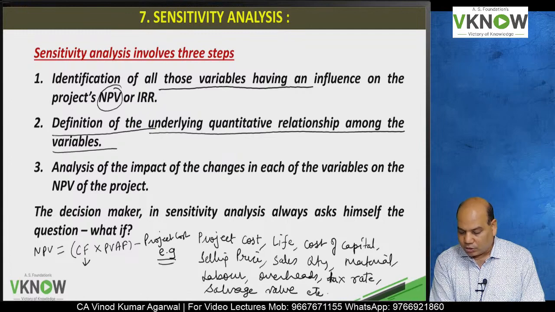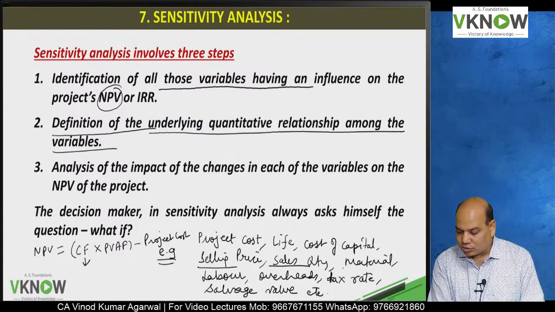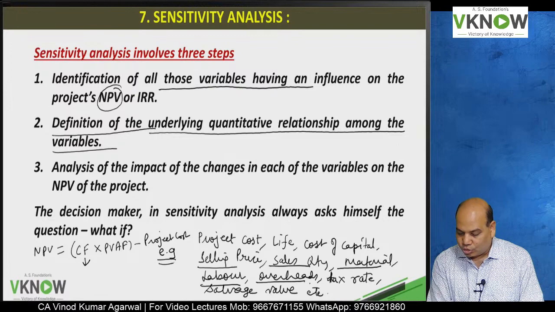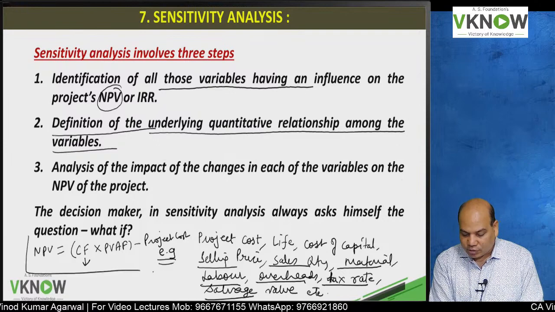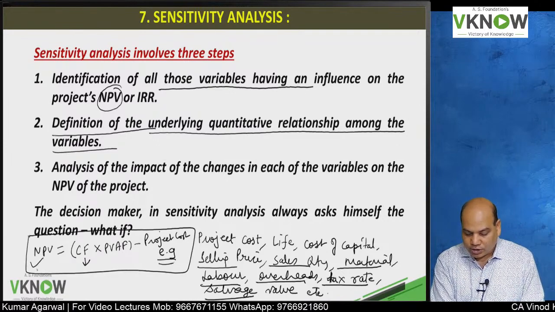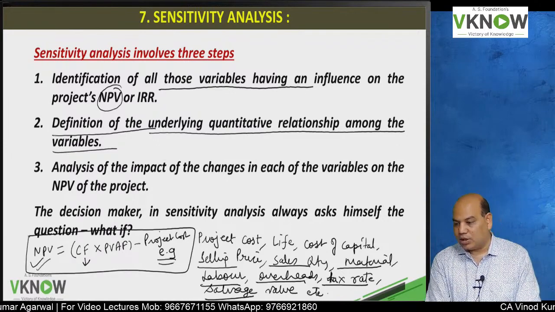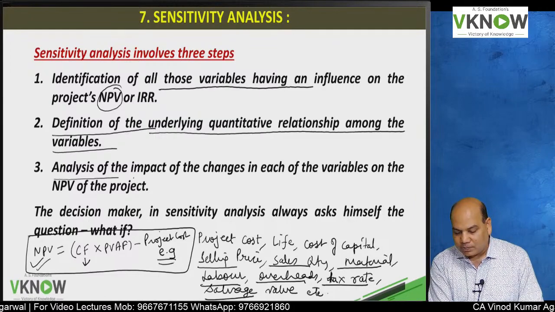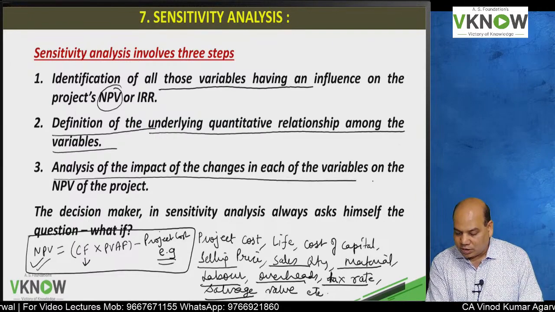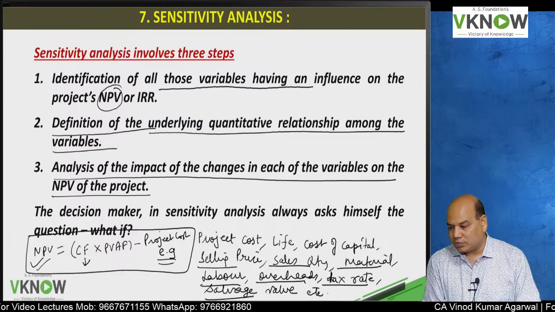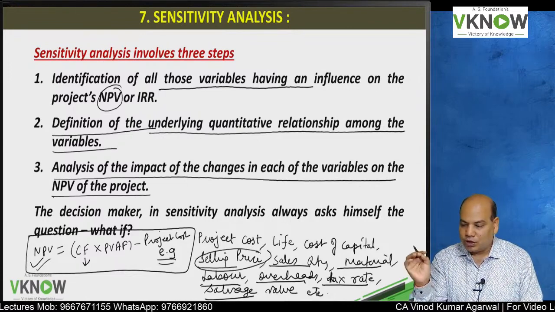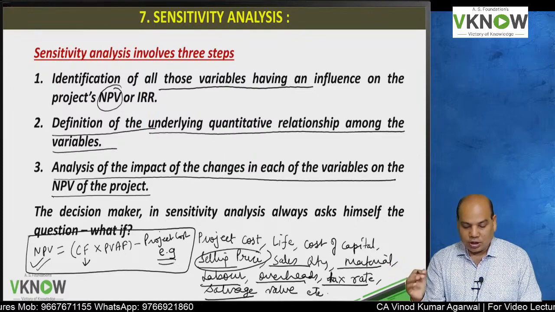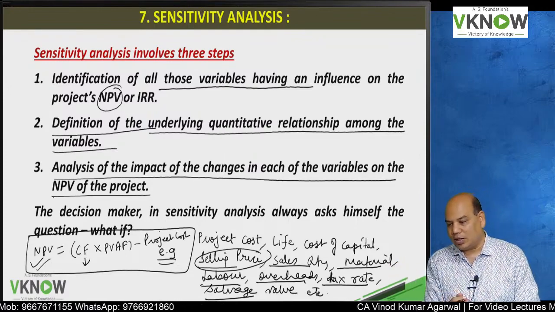And again, cash flow depends on selling price, sales quantity, material, labor, overhead, tax rate, salvage value, etc. So I will write all this mathematical formula, which helps me to compute NPV and analyze the impact of change in each variable on the NPV of the project. If selling price changes, if quantities sold change, how will the NPV be affected?